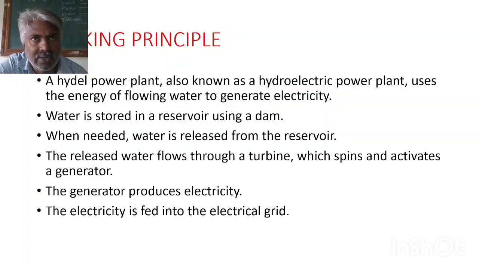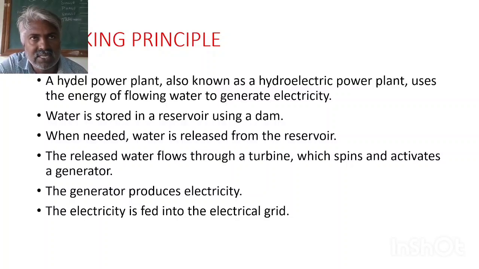For example, in Mettur Dam, during our northeast monsoon, up to 120 feet of water, like that each dam will have its own capacity. So that water, when it is stored to its fullest capacity, possesses potential energy because of the enormous water stored.